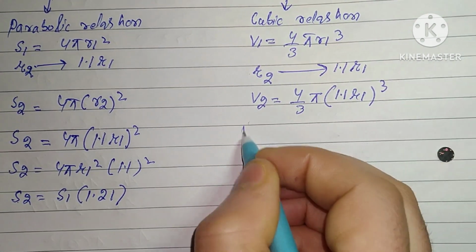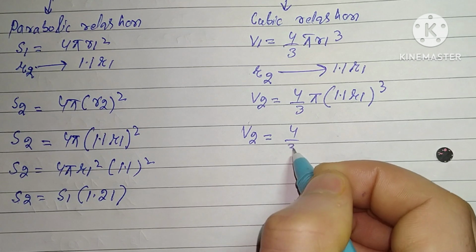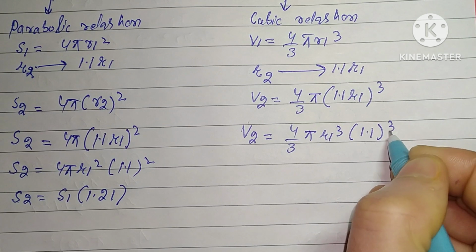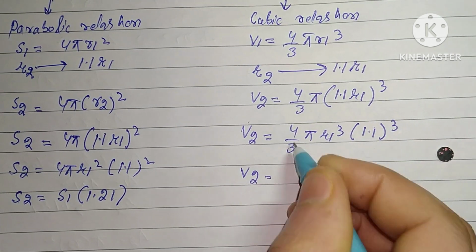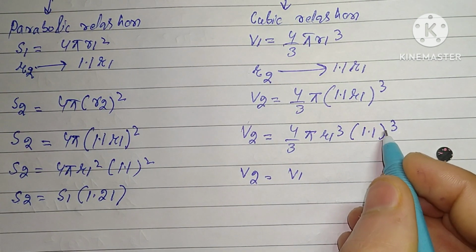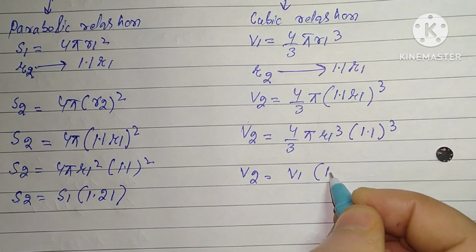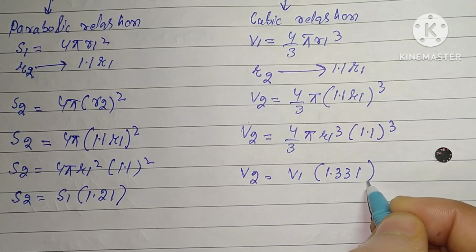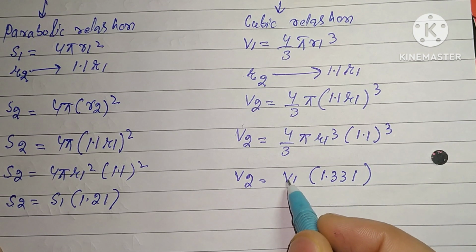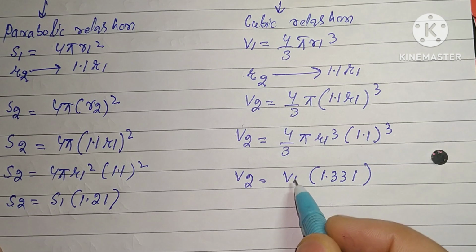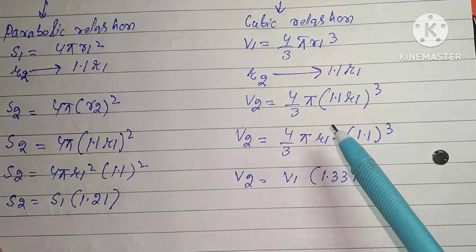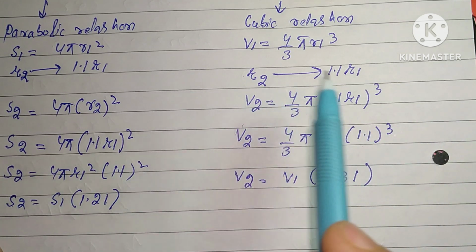By simplifying, we get new volume is 4 by 3 pi r1 cube, and the factor will be 1.1 cube. So new volume will be 4 by 3 pi r1 cube, the original volume, times 1.1 cube, 11 cube is 1331, so it will be 1.331. Hence the new volume will be 33.1% more than original volume. Since it is not a linear relation, the increment will not be equal to the 10%.